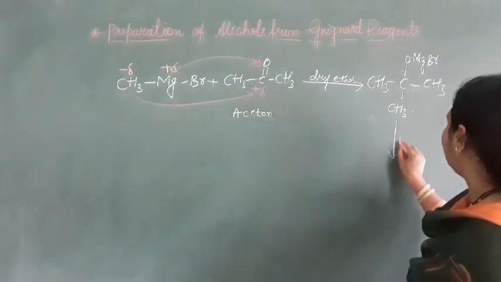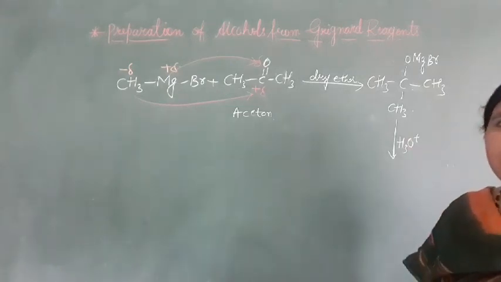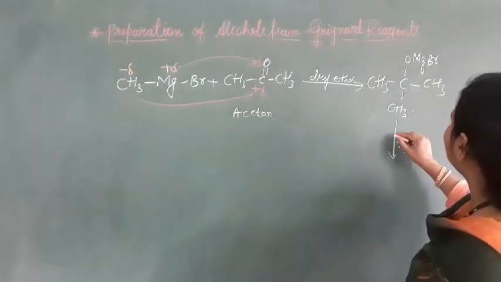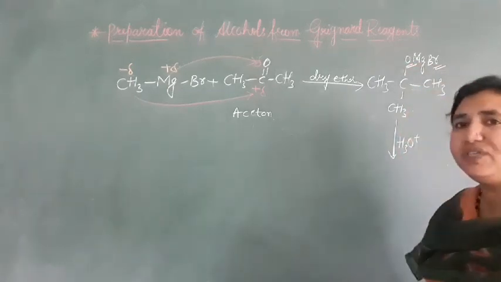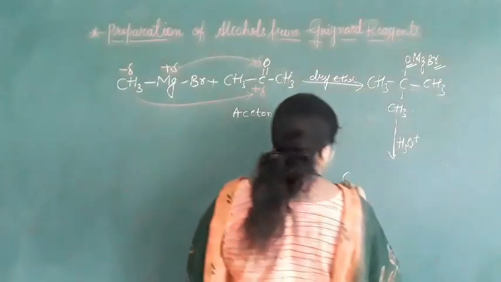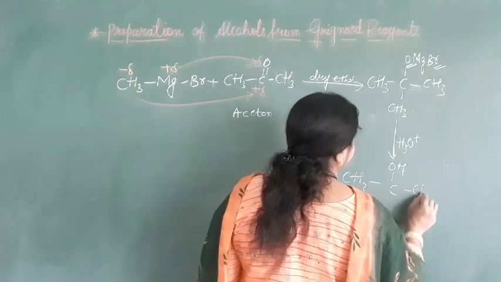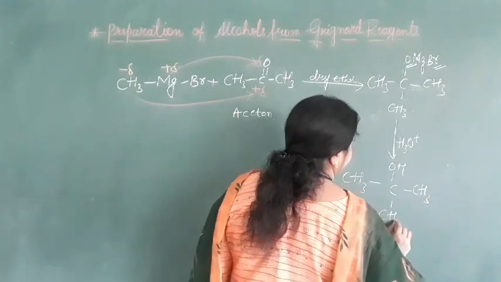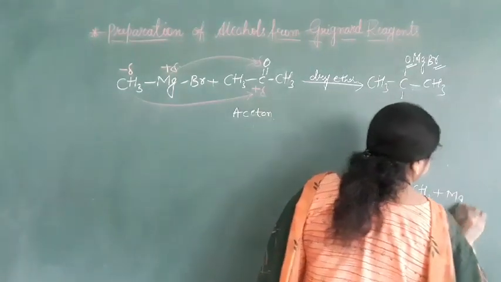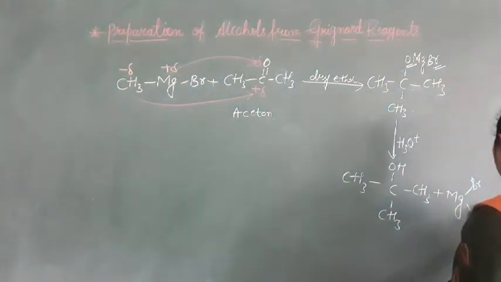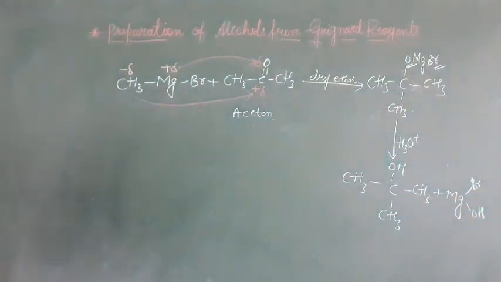Now this one on hydrolysis, H plus and OH minus are added. H plus will go with this oxygen and OH minus with this MgBr. So we will get CH3 C OH CH3 CH3 plus MgBrOH.